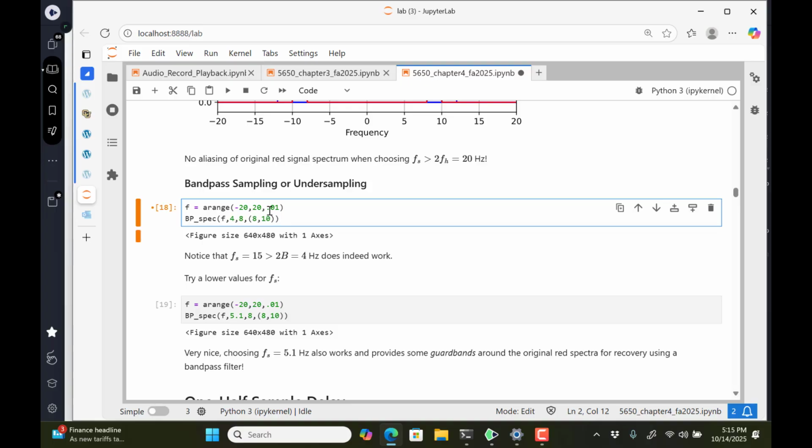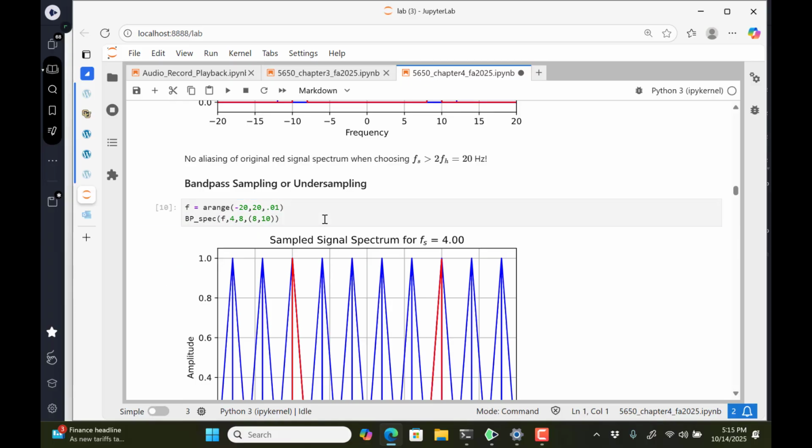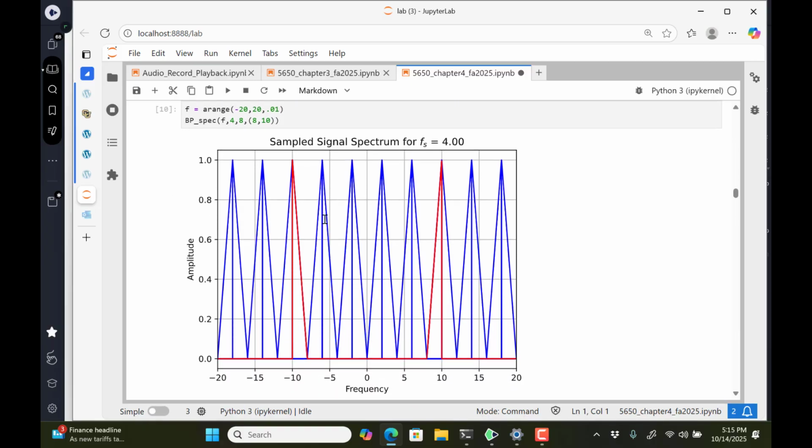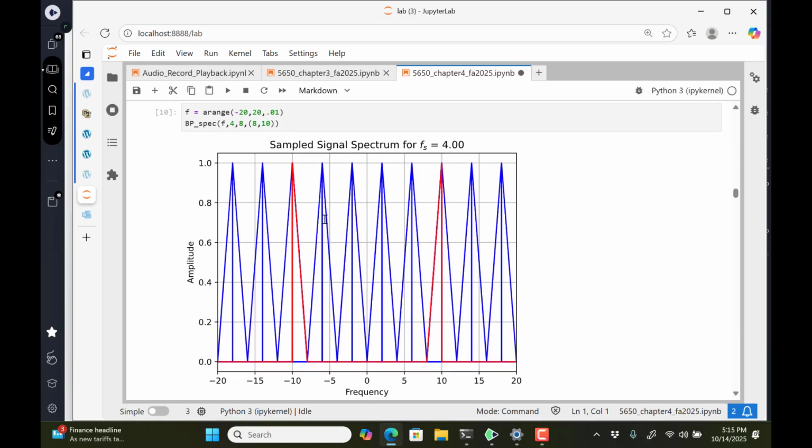So I'm going to set the sampling rate at 4 and then have it draw the picture. There it is. It's right there. But I wouldn't really be fond of using this because this equation just showed me what can work, but this is packed, right, edge to edge. So I really need to have some sort of a guard band in there if I wanted to have a realizable filter work with this.